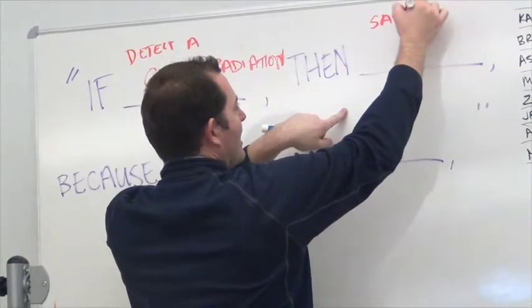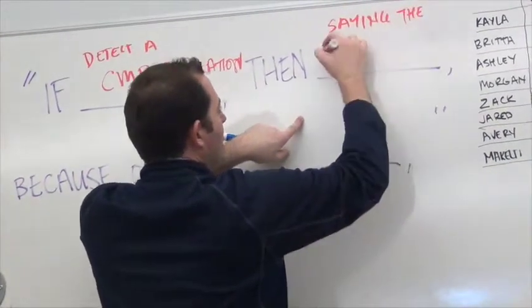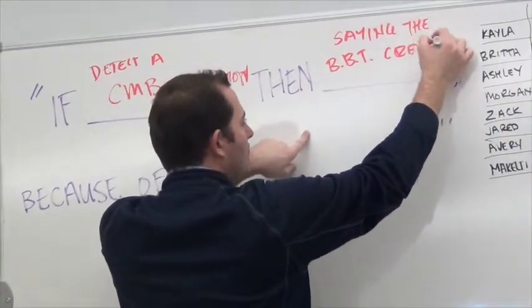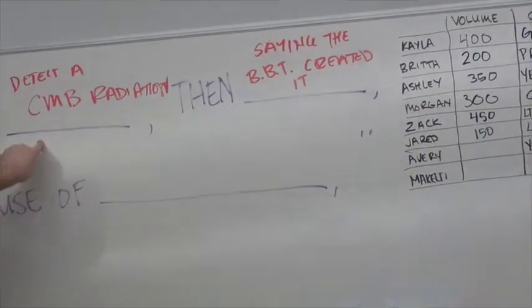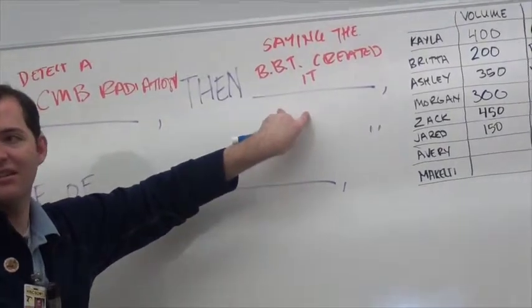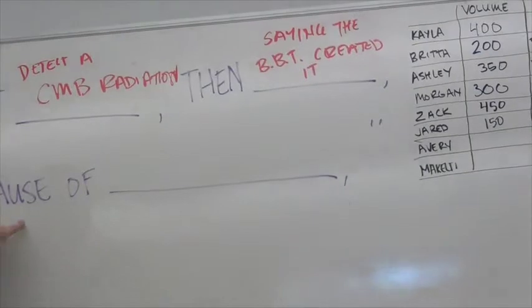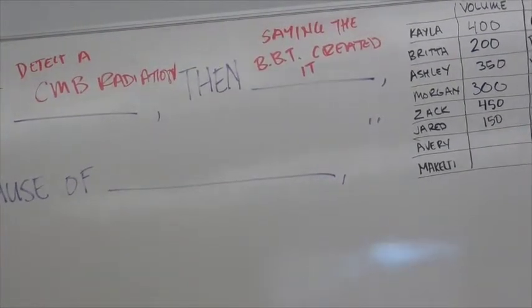Okay, if we're saying the... okay, so if we can detect it, then we're correct in saying that the Big Bang Theory is correct in saying that it was created by it because of what evidence, what supporting evidence would we have to explain?